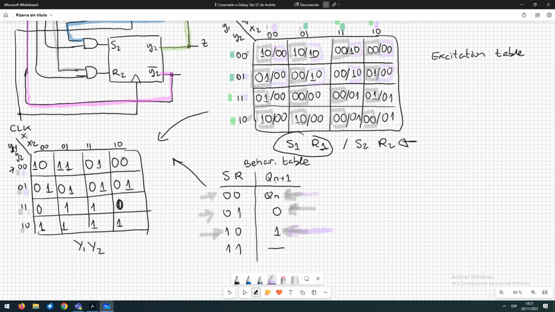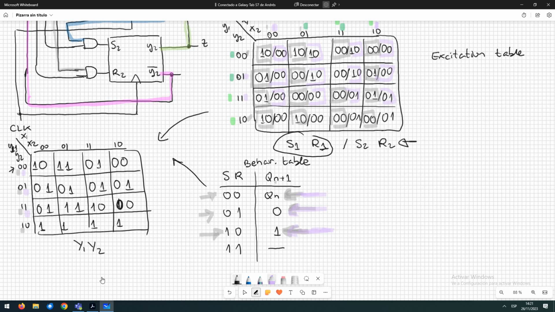So here we have that y2 is 1, and we have the input 0 0 here. 0 0 is just keeping the same value, that is 1. And in the other combination we have 0 1 and 0 1. 0 1 is resetting the system, having a 0 in the next state.